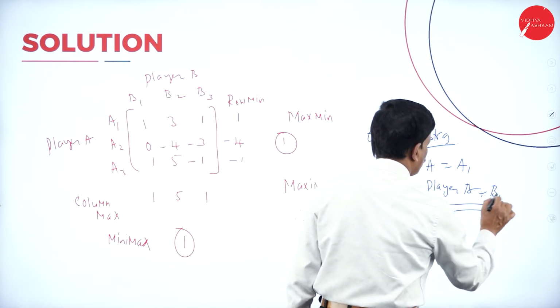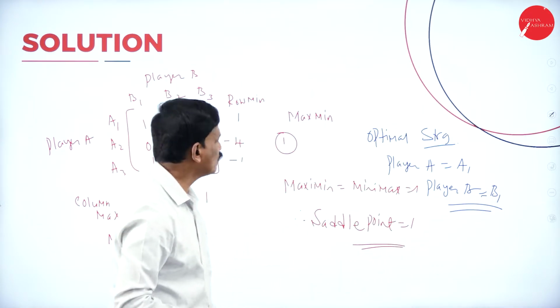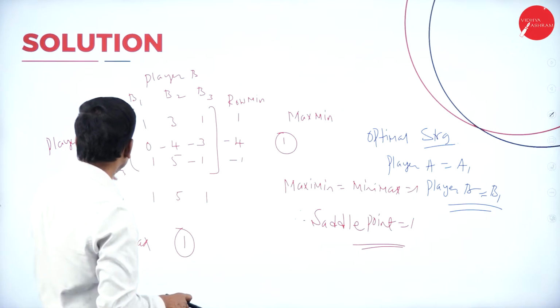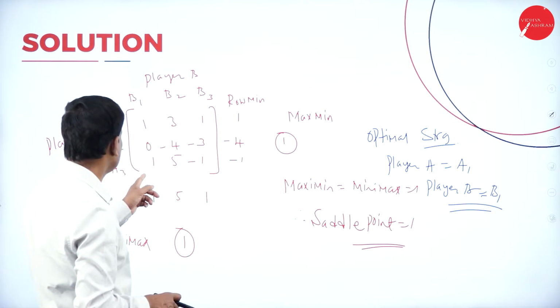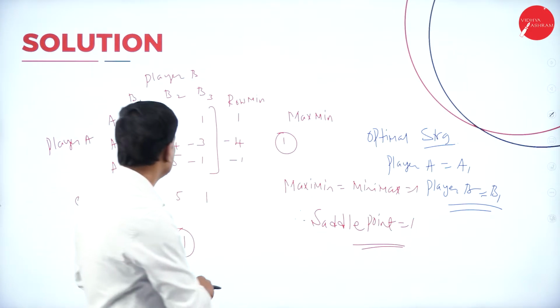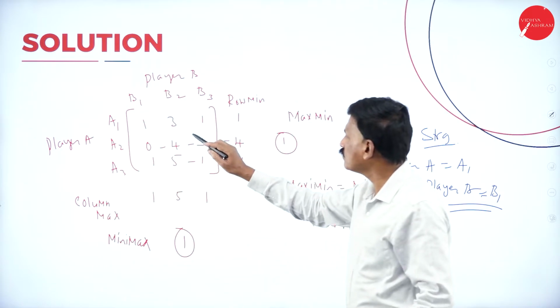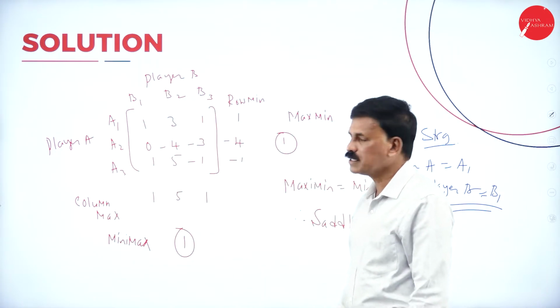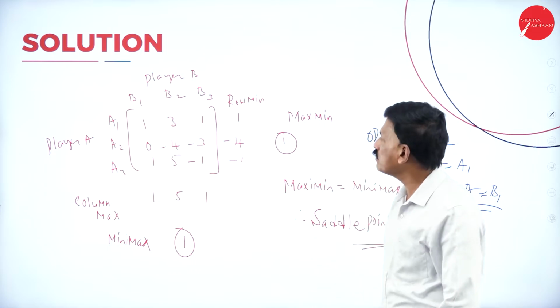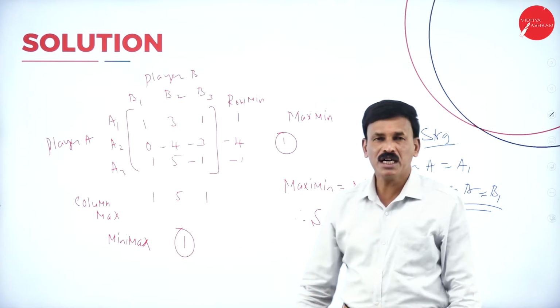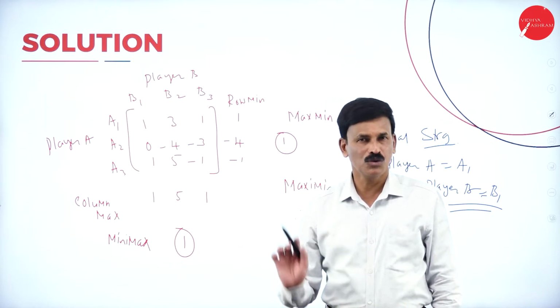So for player A it is A1, for player B it is B1. These are the optimal strategies for player A and B. That's it. Hope you followed.